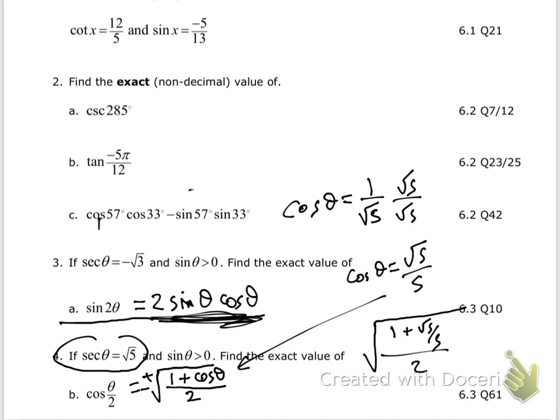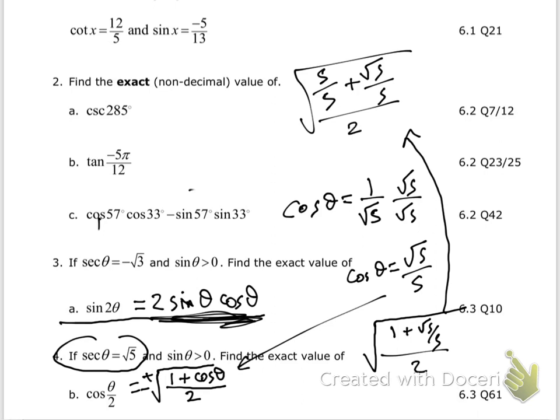Let's have a think about this. Common denominator: 1 is 5 over 5, plus root 5 over 5, all over 2. So I have 5 plus root 5 over 5, all over 2 inside.